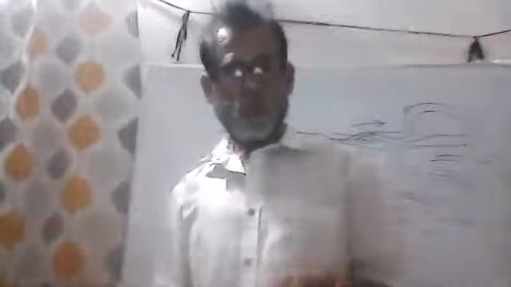Blood is passing from the hand to the dialysis unit, and from the dialysis unit it is coming back. Purified blood is allowed to pass through veins.